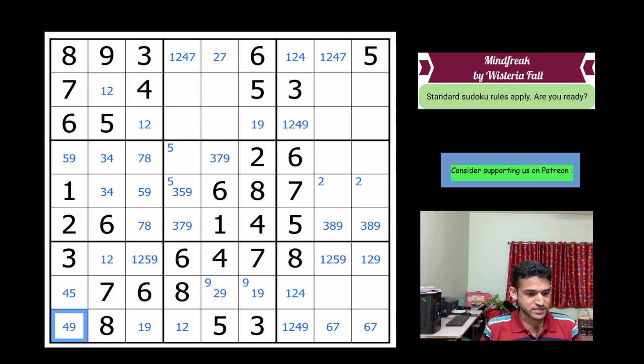You can't have a 9 in this cell. So after this, the Sudoku kind of falls fast. This is a 4, that's a 5, it's a 9, 5. So in row 7, you get a 5 here. And 9 isn't here, so 9 goes here.